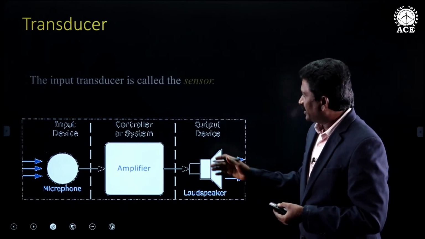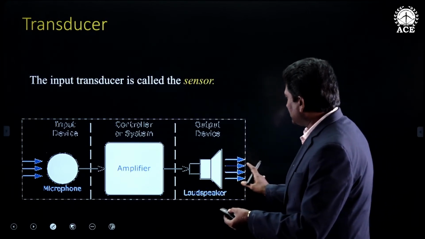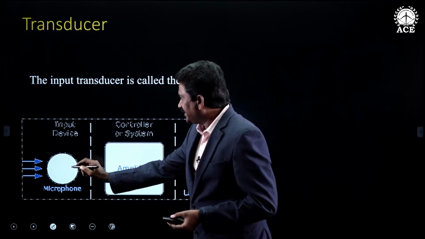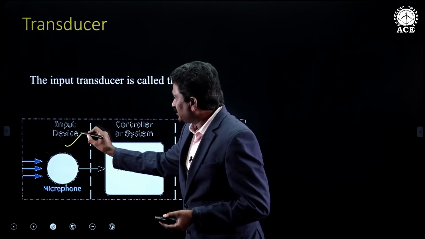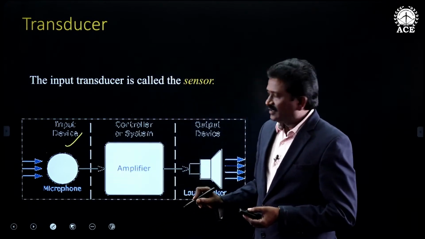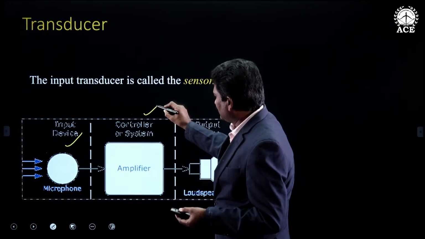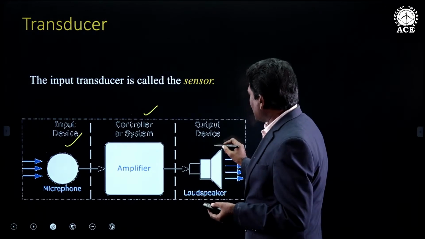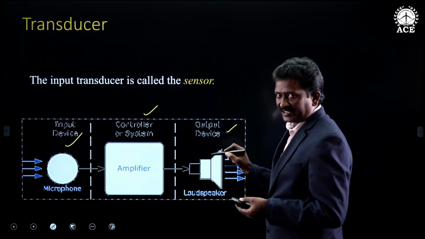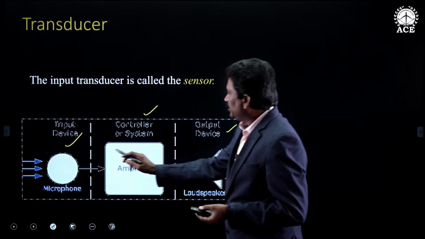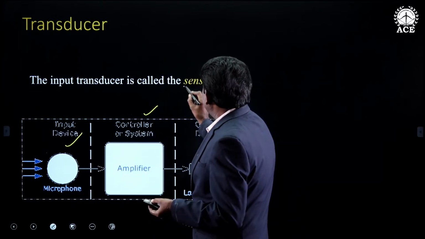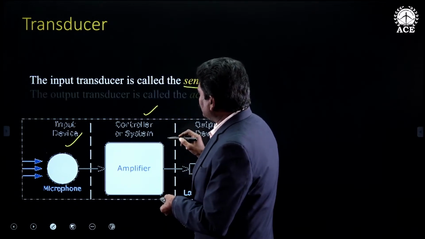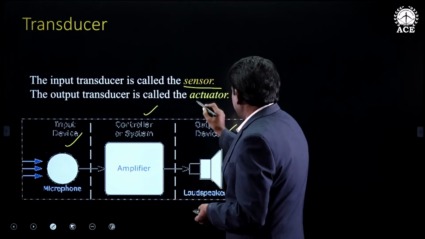This is the basic block diagram of the transducer. The first element is the input device, which you can call the sensing element. Next is the controller or system, which is the amplifier. The last one is the output device, which is the actuator. The input of the transducer is called the sensor and the output of the transducer is called the actuator.